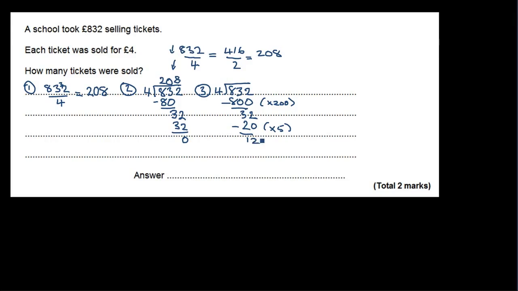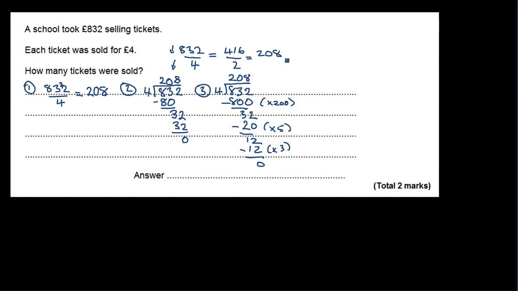We've got 12. 4 times 3 is 12, so we'll put our 12 down, times 3 gives us our answer. Well, we'll subtract first of all to get the 0, and now we've got our answer by adding these up. So 200, add 5 is 205, add 3 is 208.